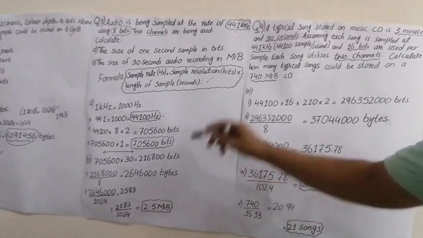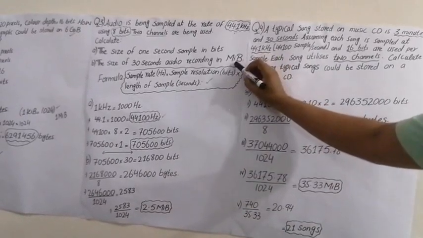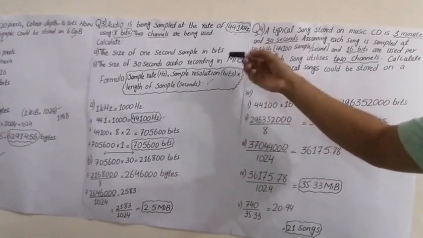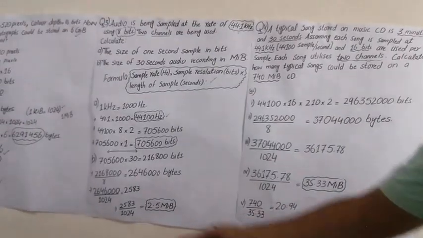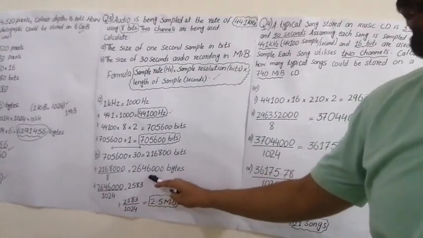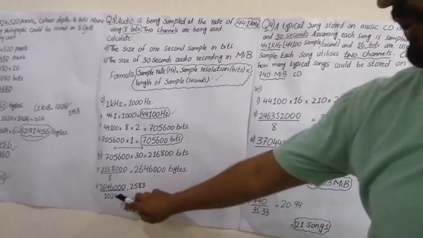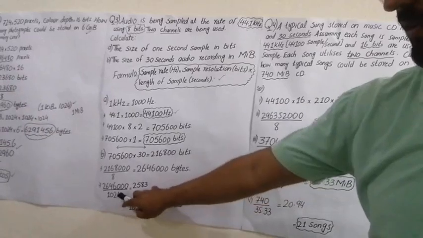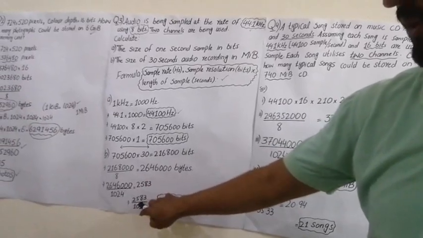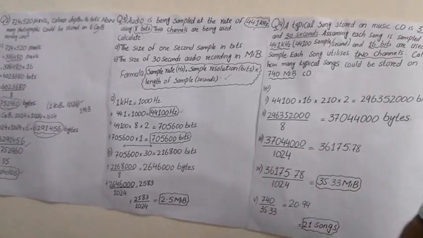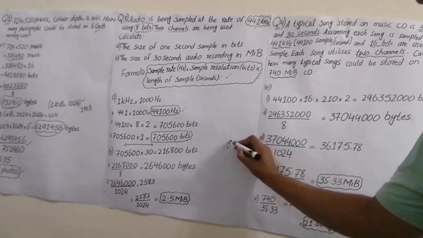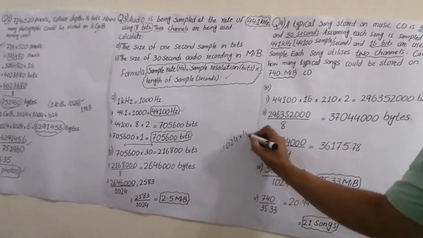After that, as you have to show the answer for the audio recording in MB, you know the trick. Either you can divide this value of bytes by 1024 two times, or you can find out the value of 1 MB by multiplying 1024 two times.